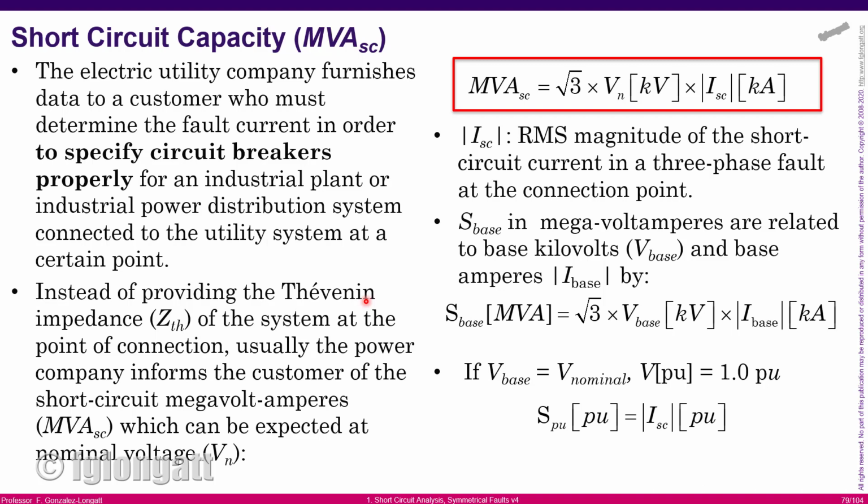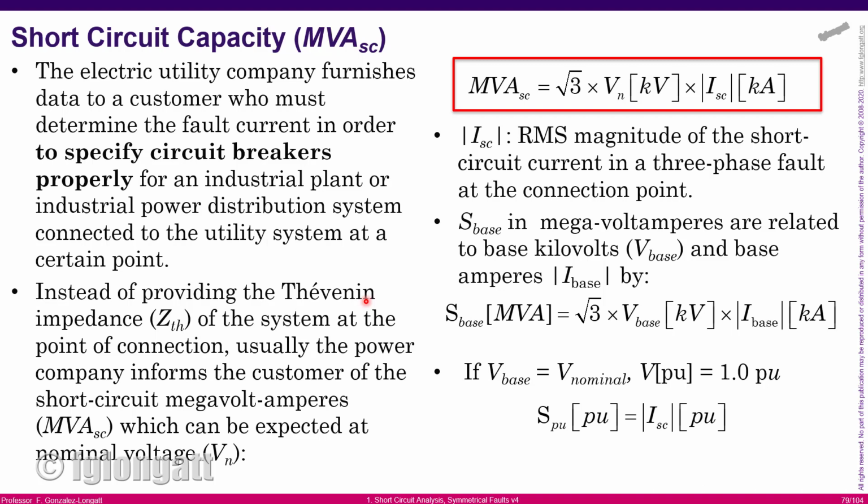The utility will not give you the Thevenin impedance. Instead, when we are working in the power utilities, what we will give you is basically the short circuit capacity. I mean, at the bus bar that you are connected to, the power utility will give you some MVA, a capacity, apparent power, and those MVA represent the short circuit capacity of the bus bar.